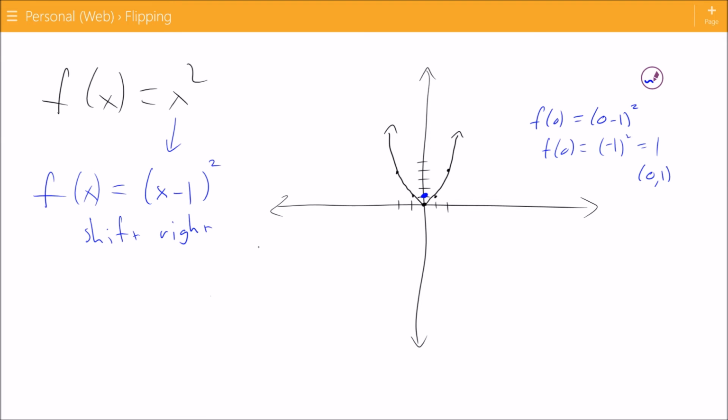All right, so far it almost looks like we're doing a vertical shift, but check this out. If I do f of 1, that's equal to 1 minus 1 squared, which is 0 squared, which is just 0. The new coordinate that results from here is 1, 0. That's right there. Whoa, now we're getting weird.